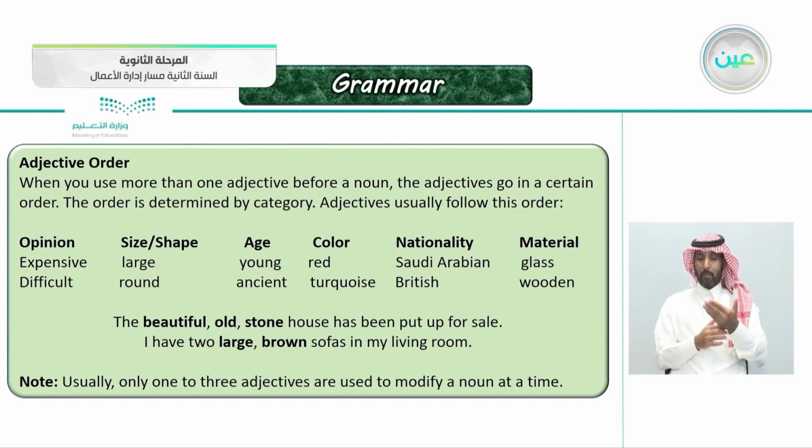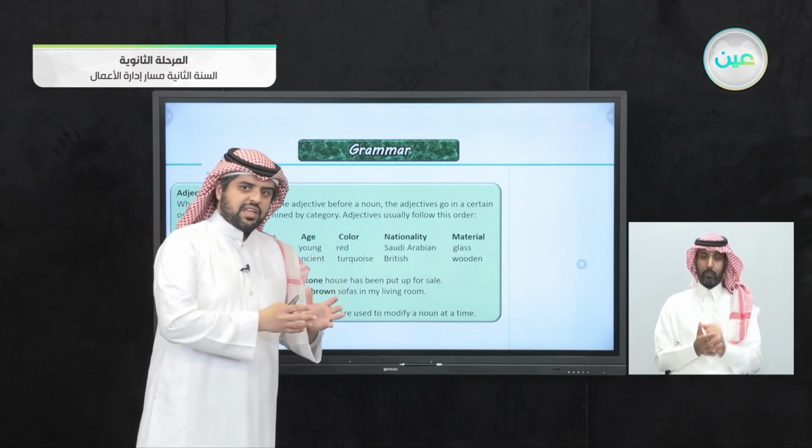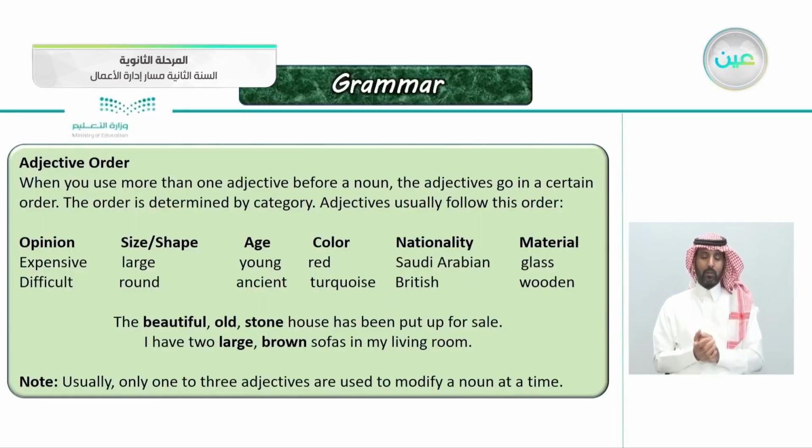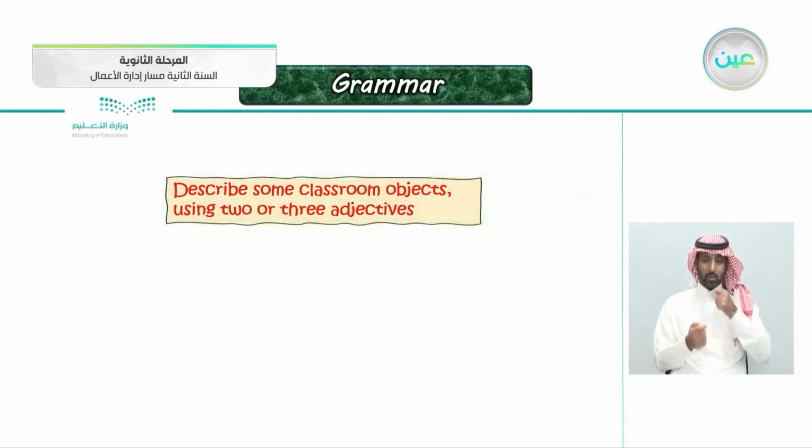Note here, usually only 1 to 3 adjectives are used to modify a noun at a time. So usually we use 1, 2, or 3 adjectives to describe a noun. So this is the order here: opinion, size or shape, age, color, nationality, then material.